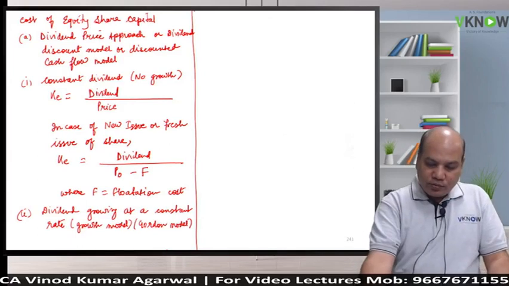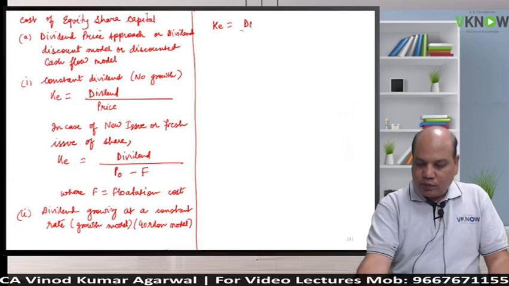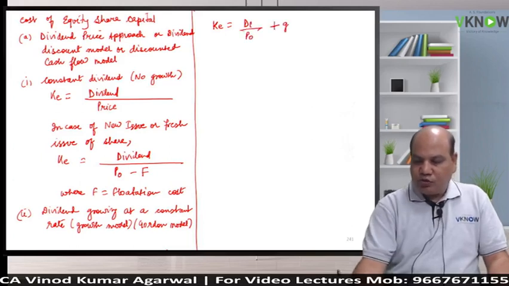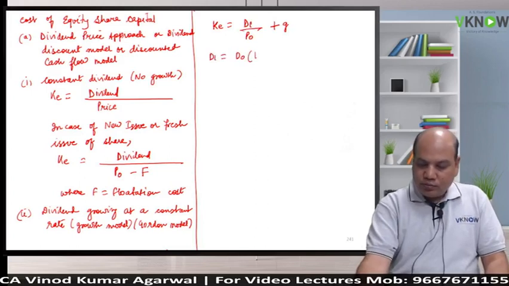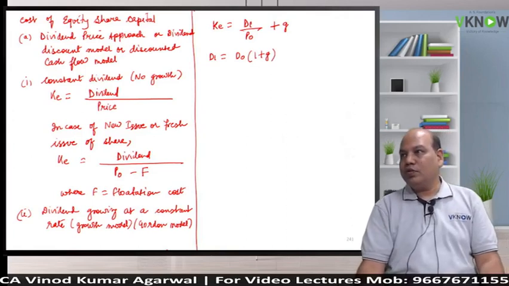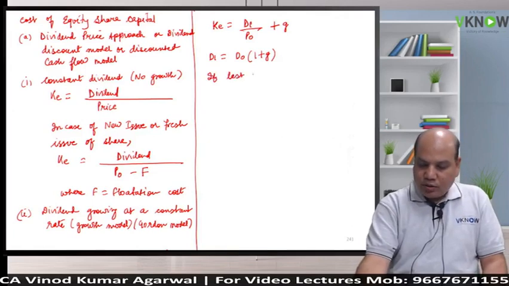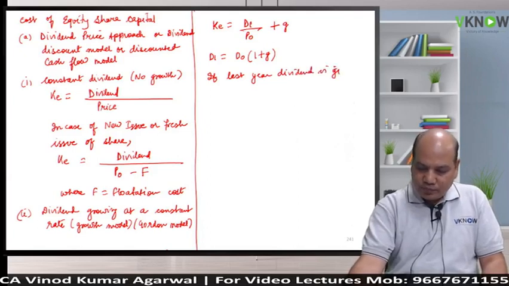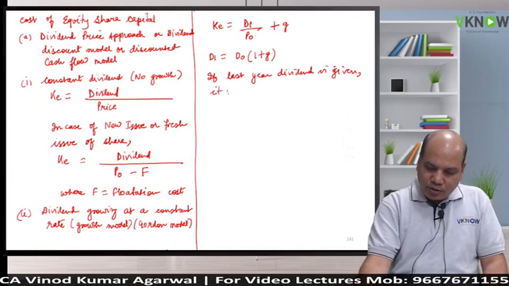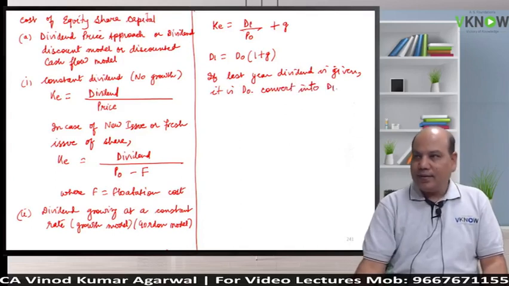So, the formula here is cost of equity equal to D1 upon P0 plus G. D1 is equal to D0 into 1 plus G. If last year's dividend is given, it is D0, convert it into D1.